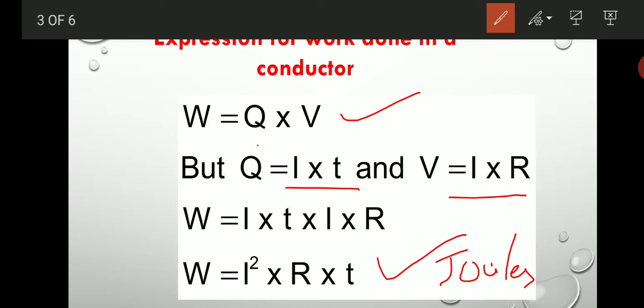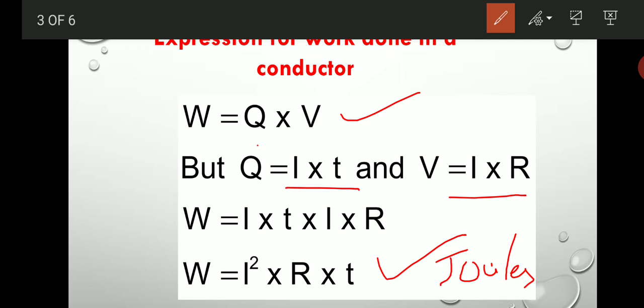So now you are able to define what is Joule's law of heating. Okay, Joule's law of heating is nothing but the heat, the current in the circuit is converted into heat, and this is equal to the product of square of current, resistance and time. Now how is this related?